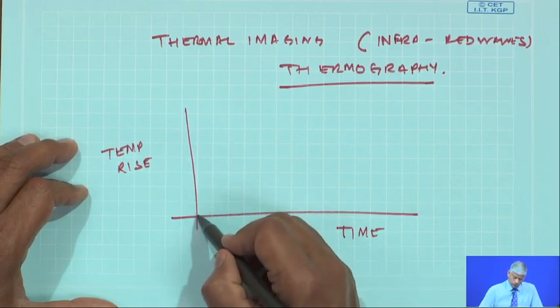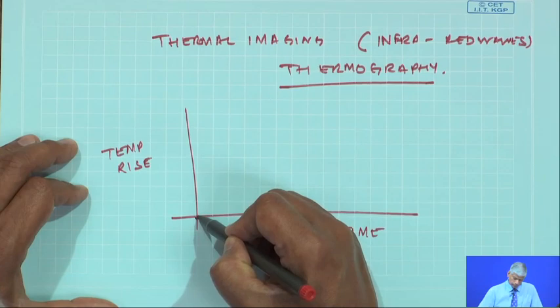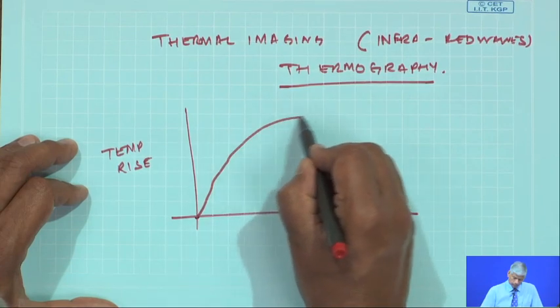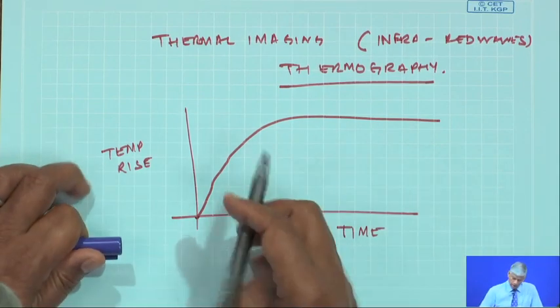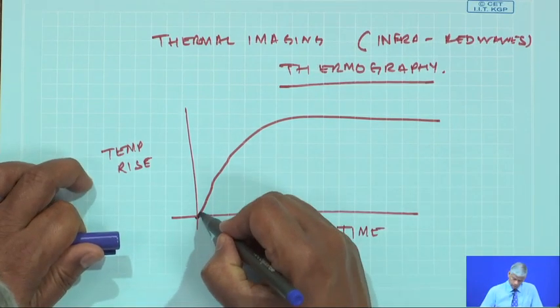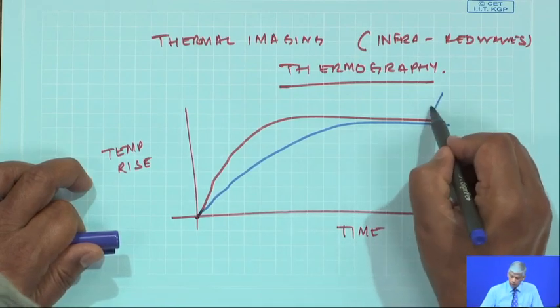If it is a misalignment case, the rate of rise is more, and this is my equilibrium.